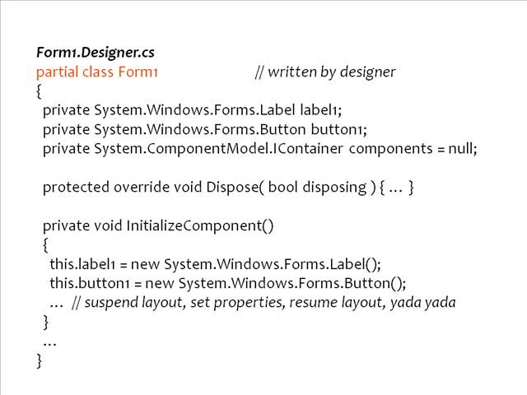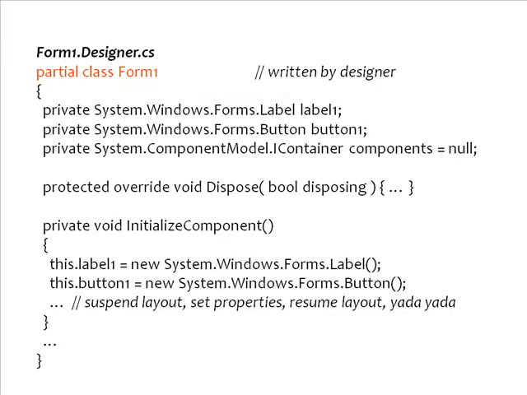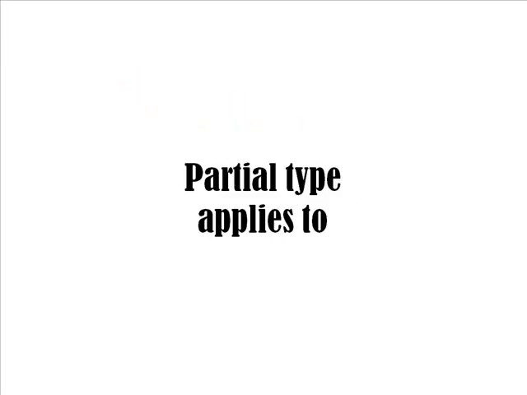That stuff the designer likes to write. Keep it out of my face and keep my code nice and clean. Nice topic. Partial types apply to classes, structs, and interfaces. So I cannot use them with, for example, an enum and have the set of enumerated values span multiple files.